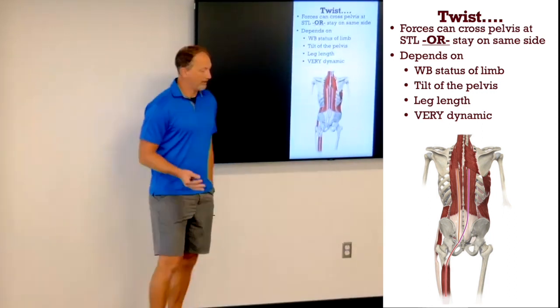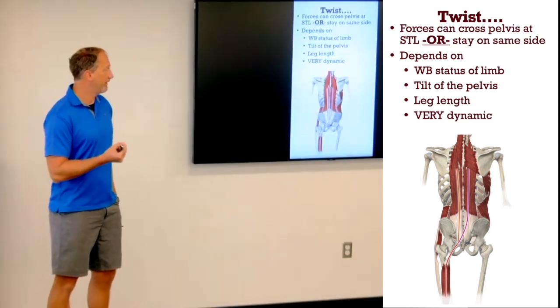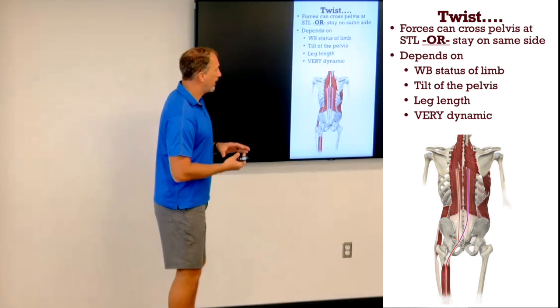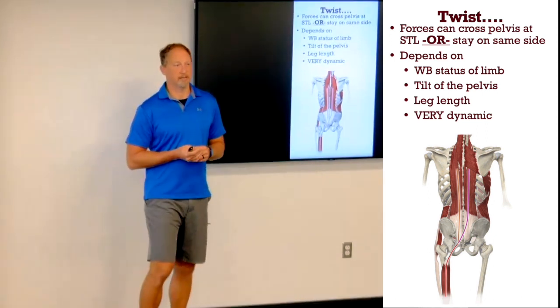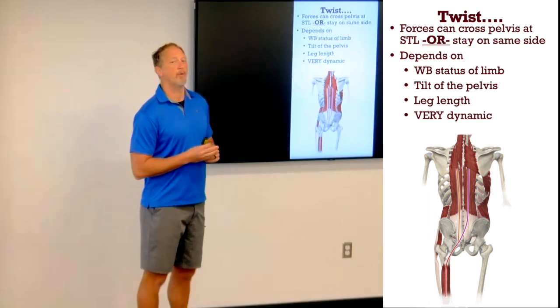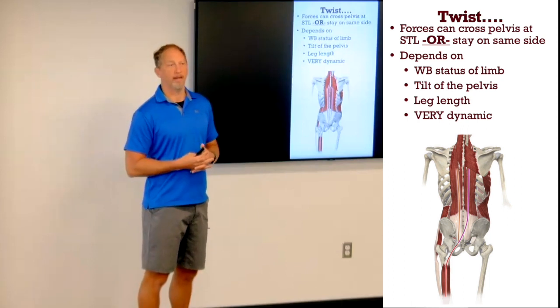It's going to depend on the weight bearing status of the limb, the tilt of the pelvis, and what's going on with their leg length, and it's going to be a very dynamic situation. So instead of trying to figure out which path it's taking, just assume it's taking both paths.